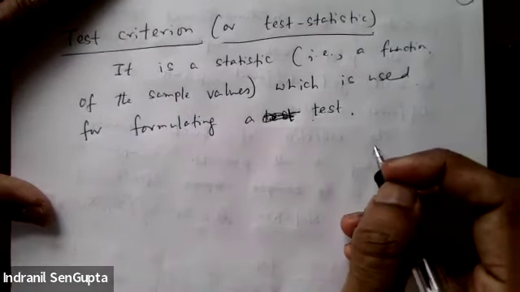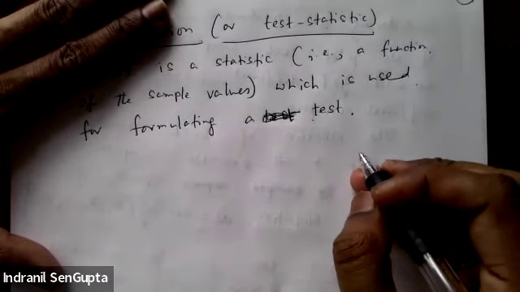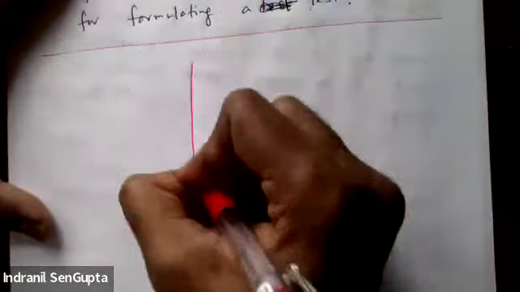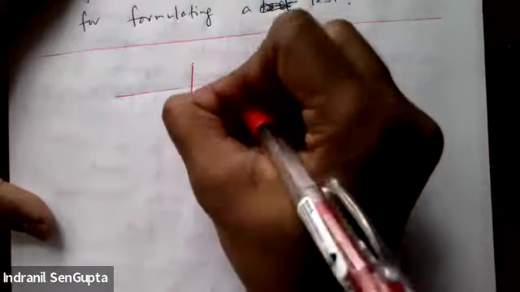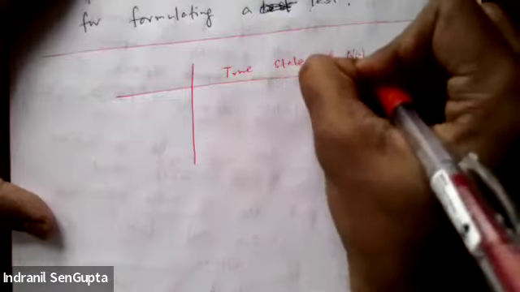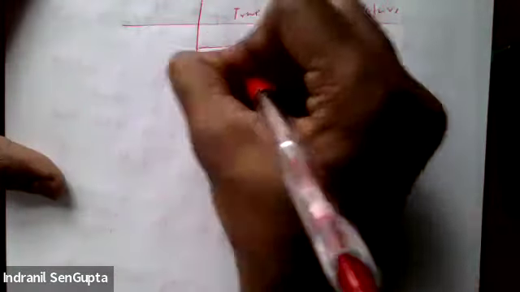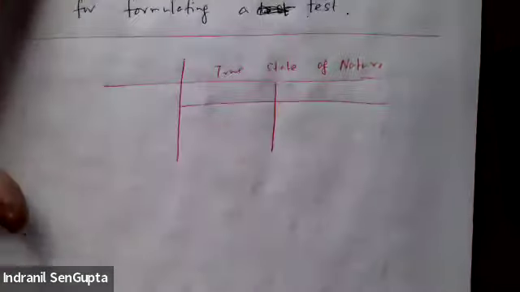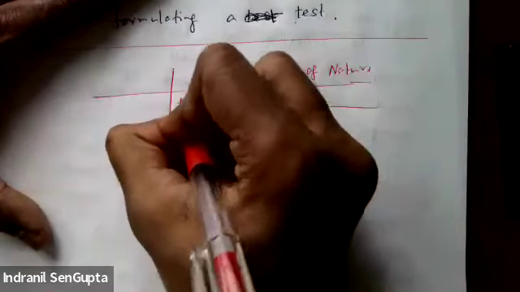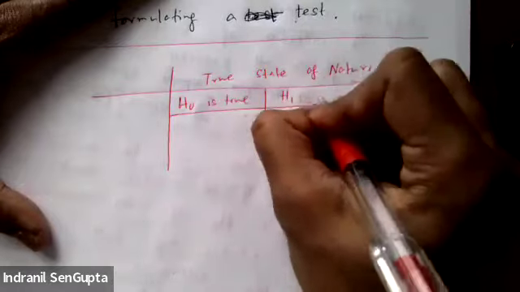And now I'm ready to define. So now we have two hypotheses, right? So there can be two different cases, and we can have this table. This table is very handy. Suppose this is the true state of nature: somehow you know that either H0 is true, or H1 is true.